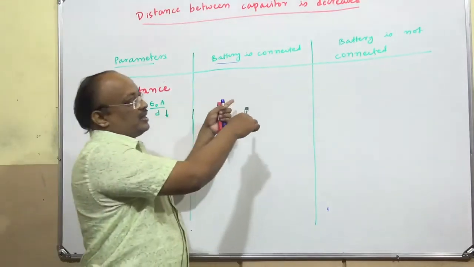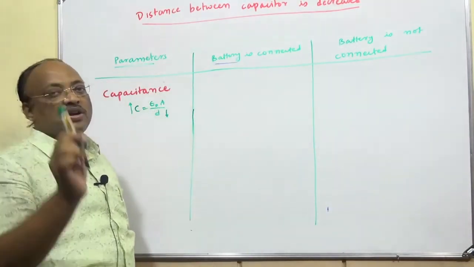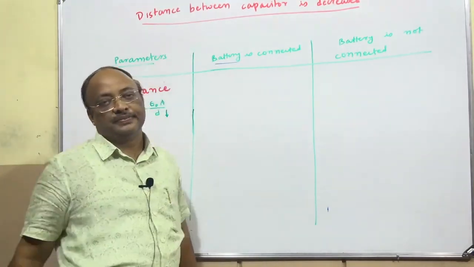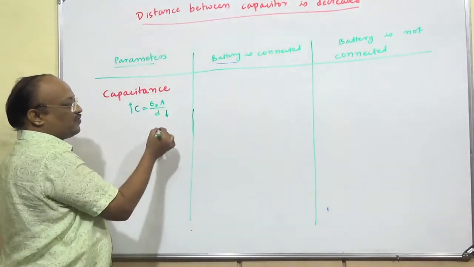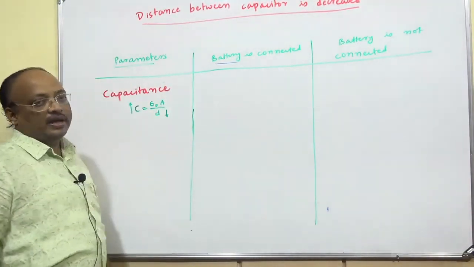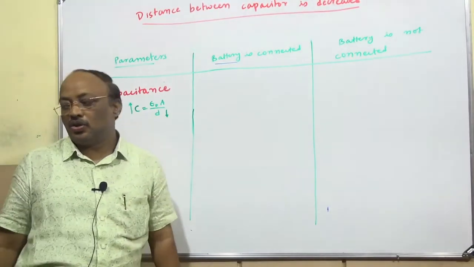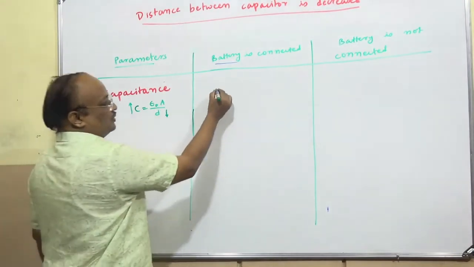Whether you connect the battery or not, capacitance does not depend on the battery. It depends on the dimensions of it. Distance you are decreasing, capacitance you are increasing. So because of that, it increases here.